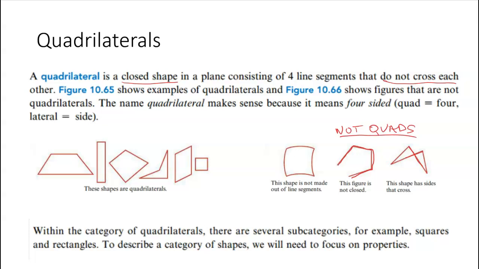And we're looking at shapes that are made of line segments, right? See how this is a little bit rounded. So these are all quadrilaterals, and quad means four and lateral means side. So within the category of quadrilaterals, there are subcategories, for example, squares and rectangles. To describe a category, we'll need to focus on the properties.